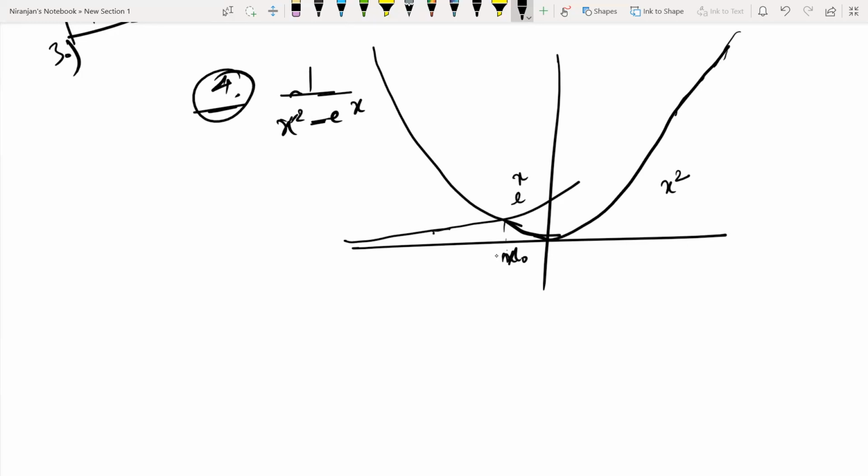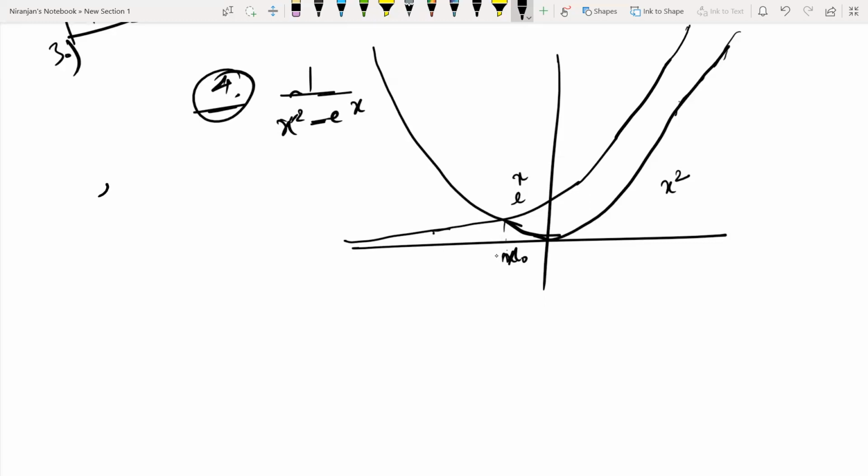The question is, should the e to the power x graph cut x square or not? No, sir, because it's exponential. It's an increasing function.